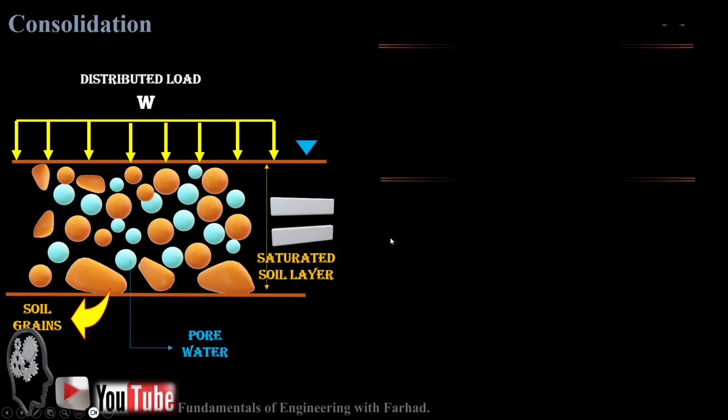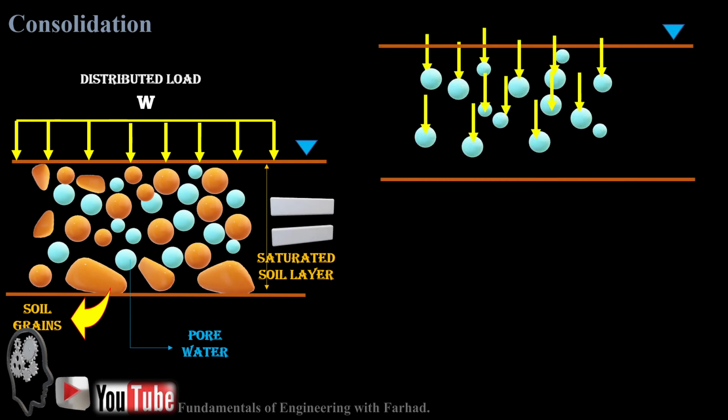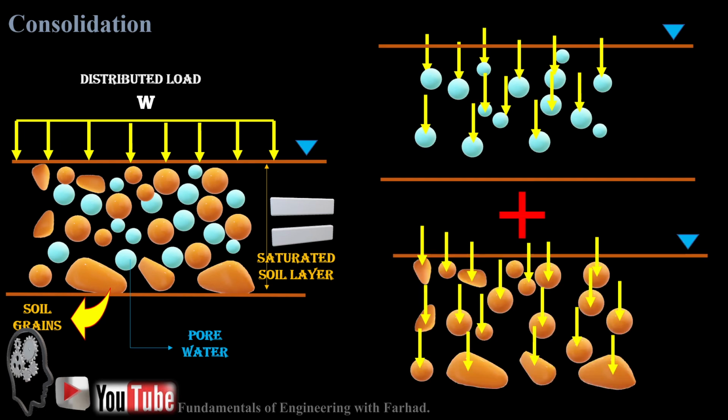So one can say the schematic diagram of soil in terms of carrying the load is that initially the distributed load goes to the water, and over time it moves from the water to the grains of soil.